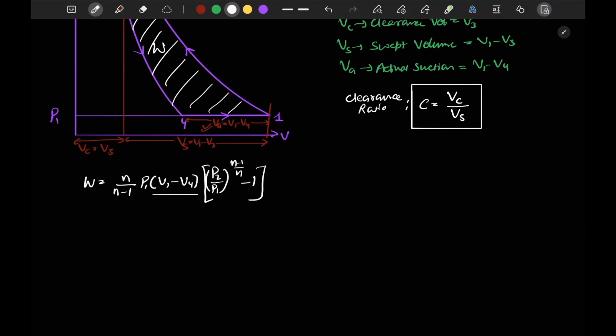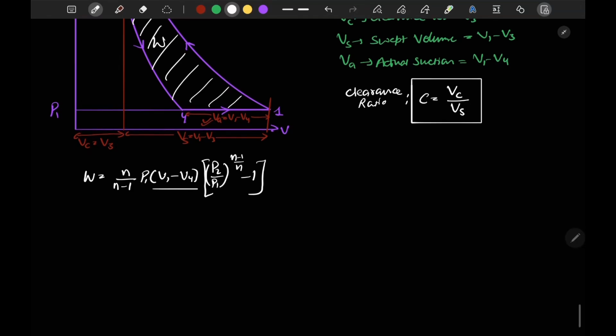Now comes the most important topic, volumetric efficiency. This is constantly used in your questions regarding compressors.